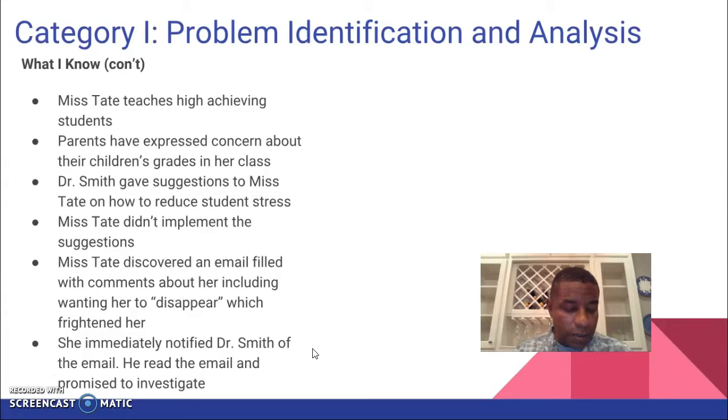The email said, "Would you like to see Ms. Tate disappear?" which she took as a threat. Several students commented on the email. Ms. Tate told Dr. Smith she was afraid because of the threat. Dr. Smith assured her he would investigate the email on Monday.